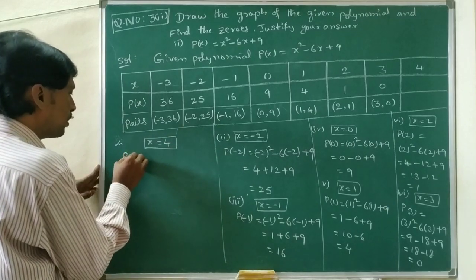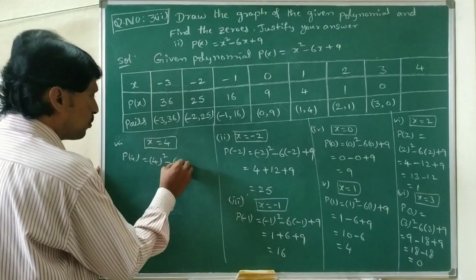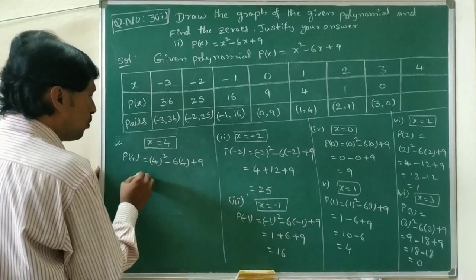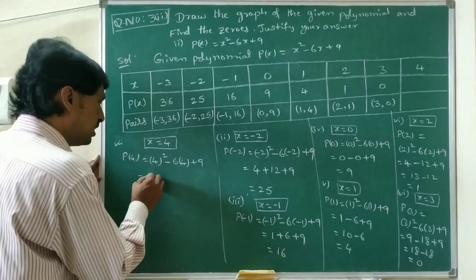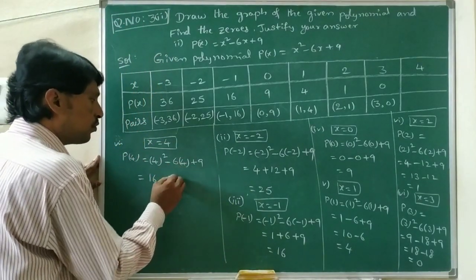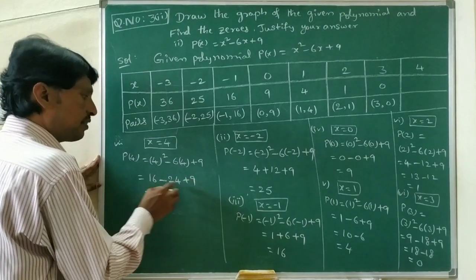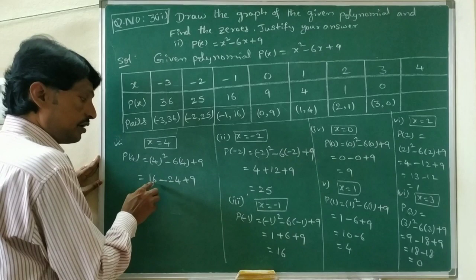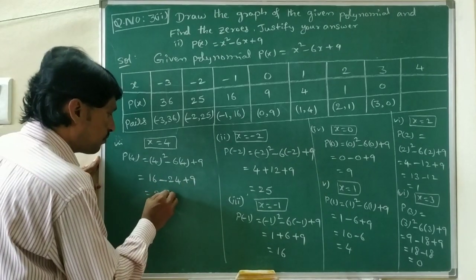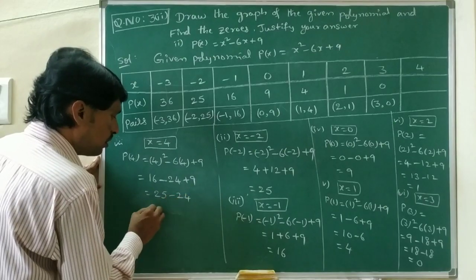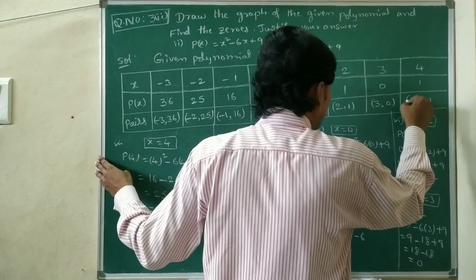So P of 4 equals 4 whole square minus 6 into 4 plus 9. 4 whole square means 4 into 4, that is 16, minus 6 fours is 24, plus 9. 16 plus 9, that we can get 25, minus 24, that equals 1 we can get. Means 4 comma 1 we are getting.